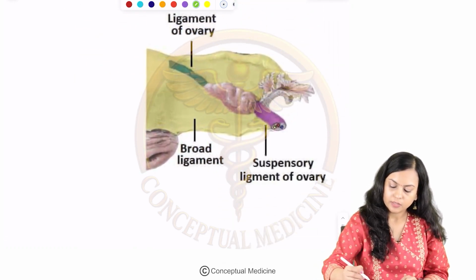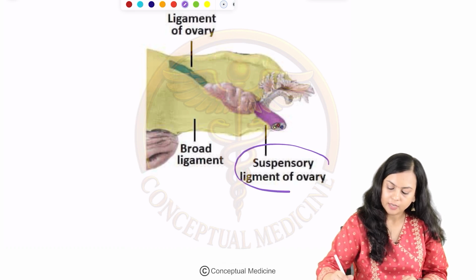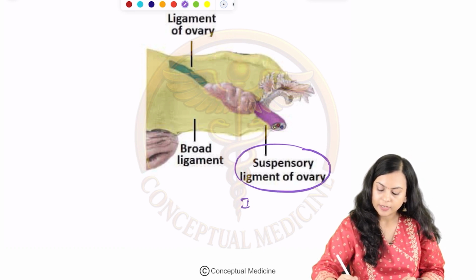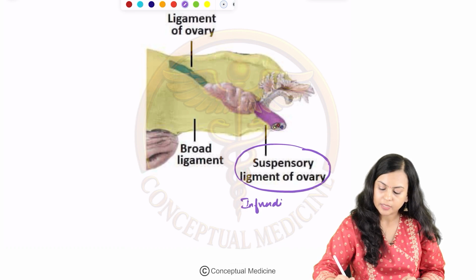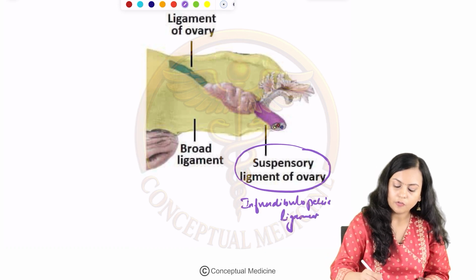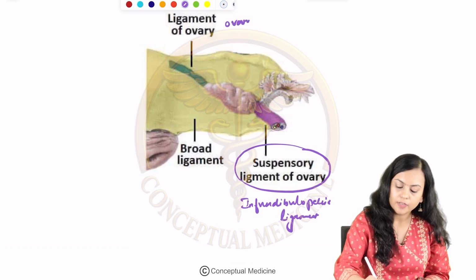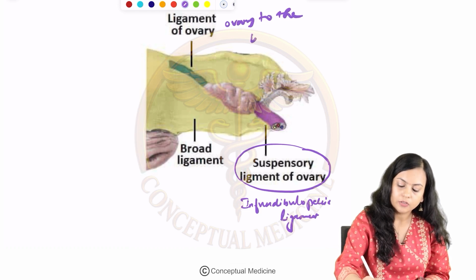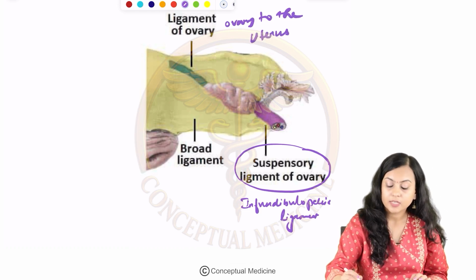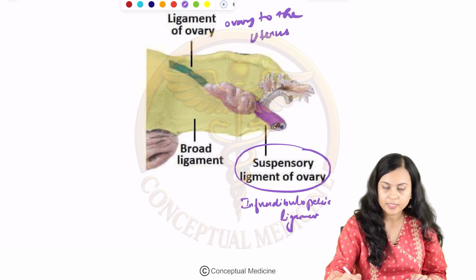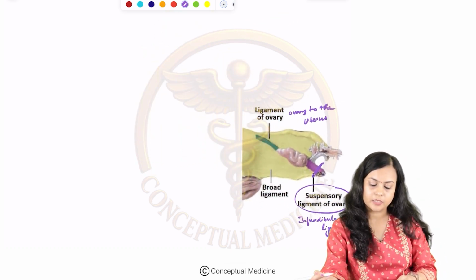So this is the suspensory ligament of ovary, which is also known as infundibulopelvic ligament. This is the ligament of ovary that is attaching the ovary to the uterus. Suppose in case if you want to remove the ovaries during hysterectomy, we have to cut through this infundibulopelvic ligament.